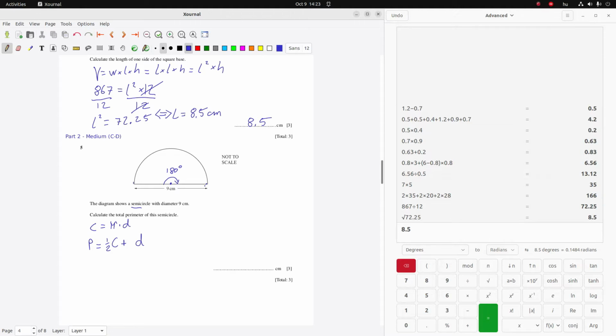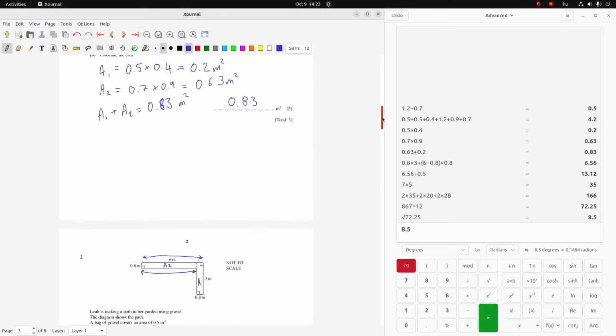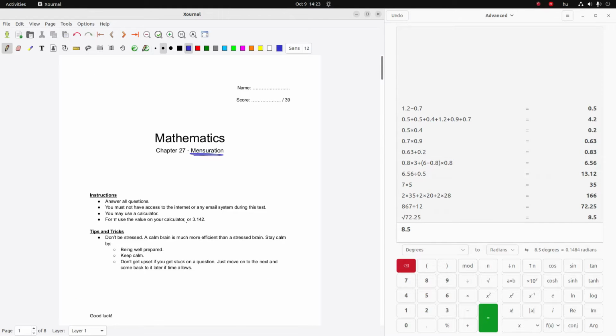Okay, let's plug in some numbers. C is equal to 3.142. Remember, on the exam, you have to follow the instructions in the beginning.